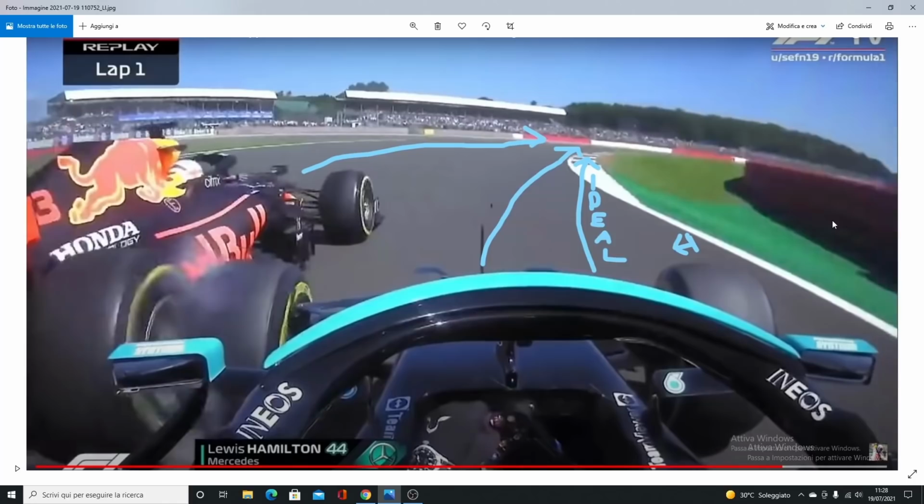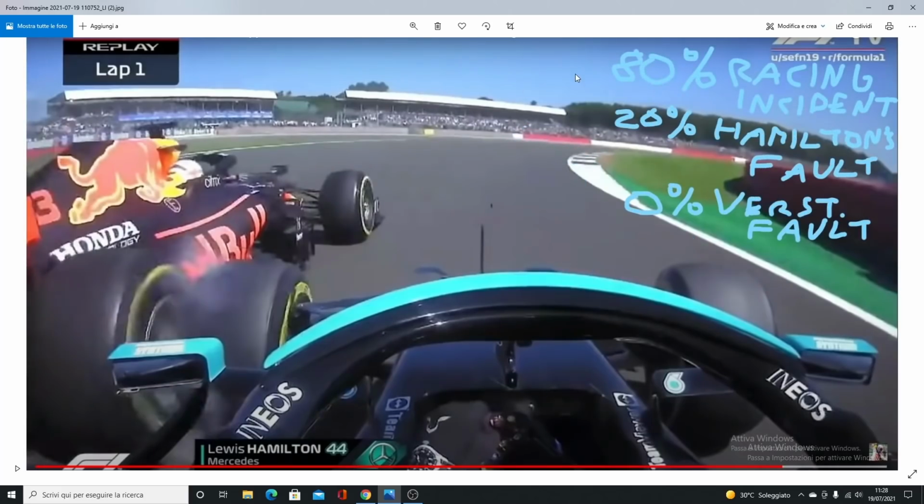So what do I think about this after this analysis? I think this is 80% a racing incident, because it happened so fast. It definitely wasn't intentional. Lewis was racing hard, Verstappen was racing hard.